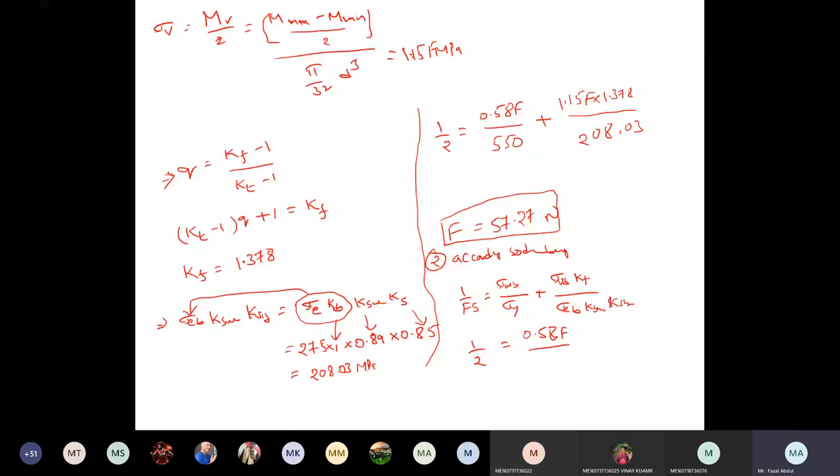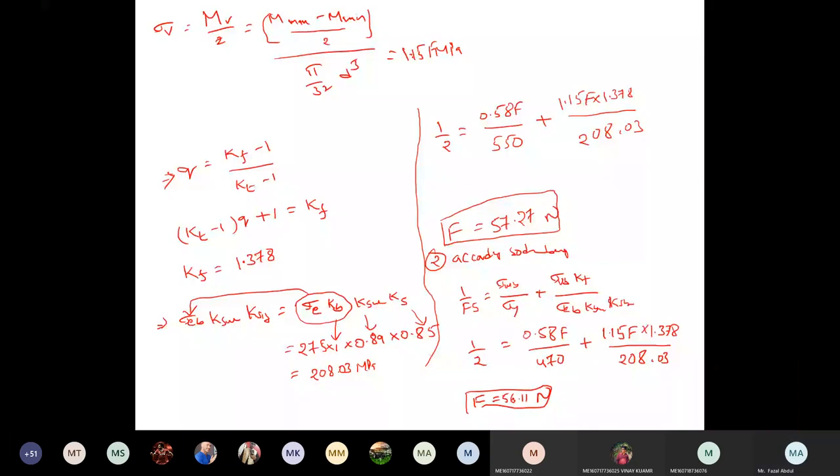How much is given in the problem? Yield is 470, plus variable 1.15 F we got, and 1.378 and 208.03. Now tell me the F value in Newton. Somebody give an answer. 56.11. Okay.